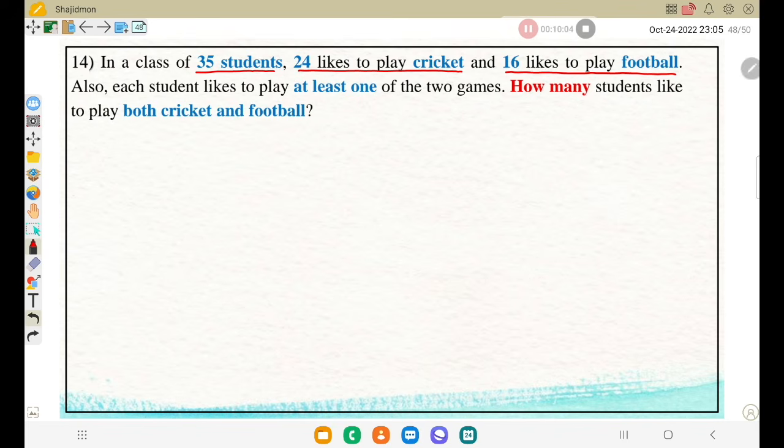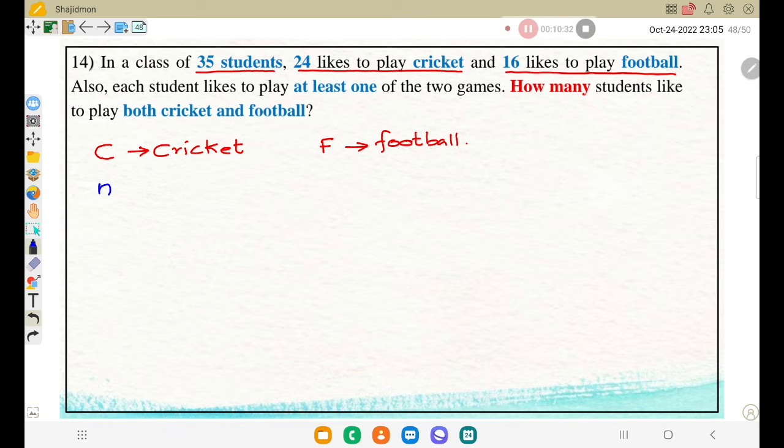Okay, so let me see that one. For example, I am representing C as cricket, and F I am representing as football. Now you can read one by one, from the beginning. In a class 35 students. 35 students means all the students' number is telling.